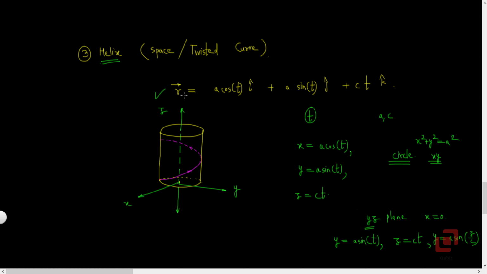But again, the parametric representation of the helix provides a better understanding than projecting the same curve on the xy and the yz planes respectively.